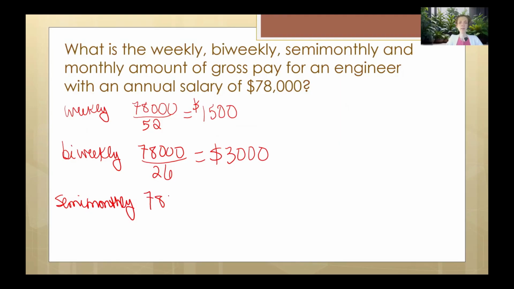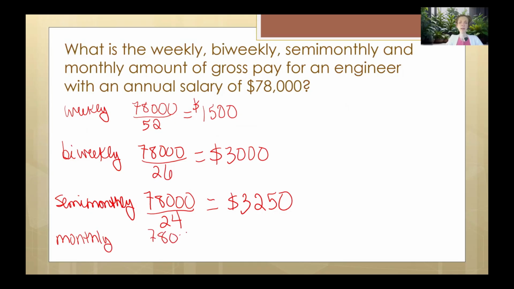So that's 78,000 divided by 24, which will give me 3,250. And then our monthly, we just divide by 12. Right? So 78,000 divided by 12, which gives me 6,500.